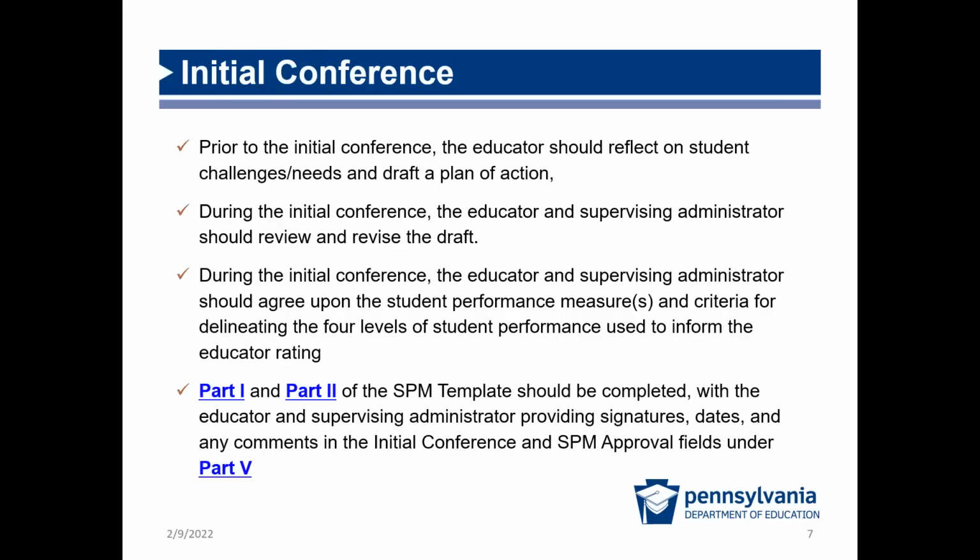This is where you have that professional conversation and decide, is this good to go, or is there some room for improvement? If the educator and supervising administrator agree upon the student performance measures and criteria, then they can sign it, and off they go into the next area. But remember, you always sign and date, saying, yes, we agreed, this is our initial conference.